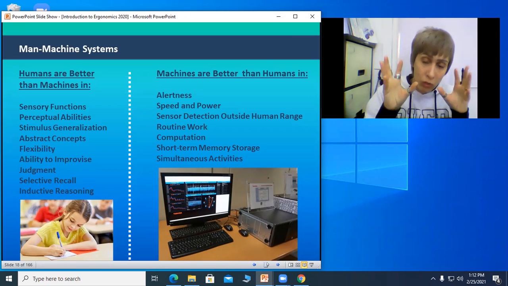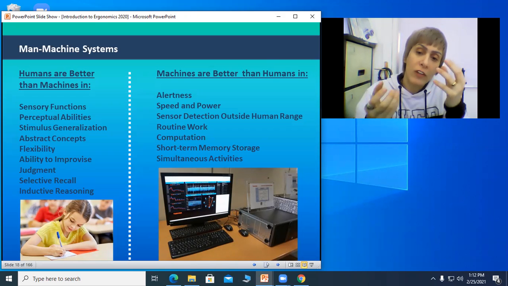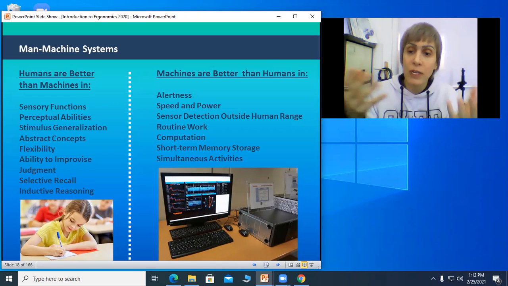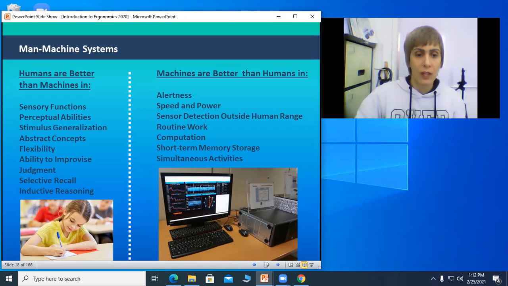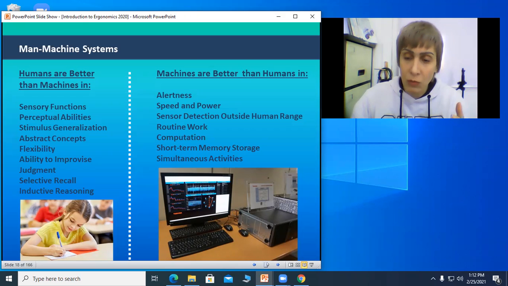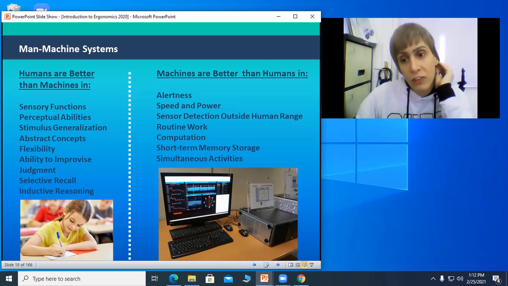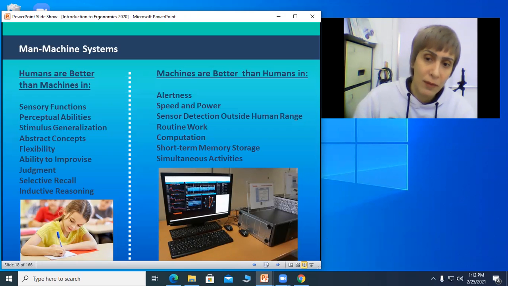And to know this, you need to be clear. What is this machine you're designing? And what are the strengths and weaknesses of the human and the machine? To decide this. If you don't know about these things that we talked about, your design will not be good. It will have several faults in it.